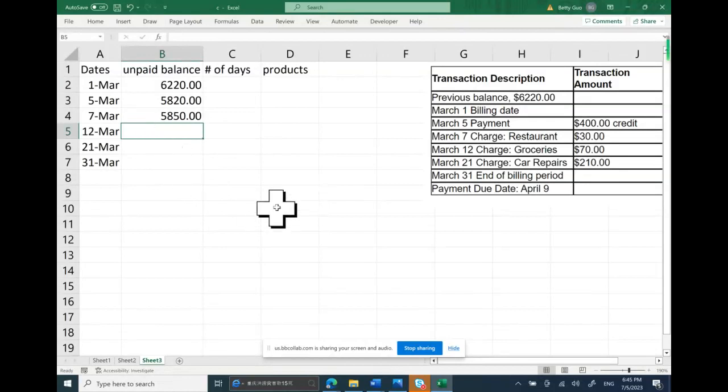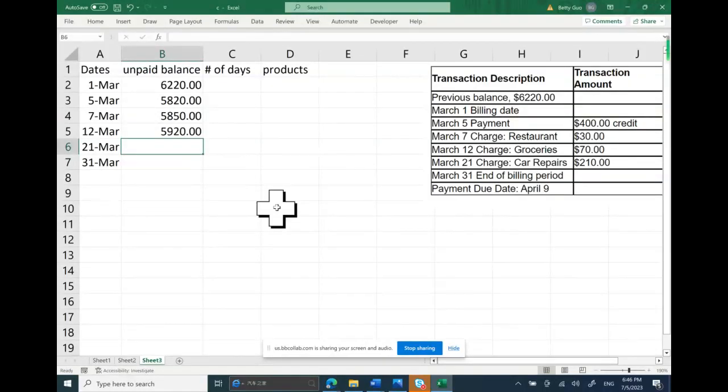And on March 12th, you spend another $70. So again, your balance goes up $70, right? And we're gonna use B4. You don't have to do that manually. Actually, pretty faster than this. Plus 70, right? Another $70 up. And on the 21st, go up again.